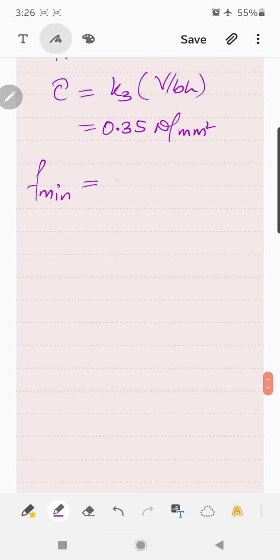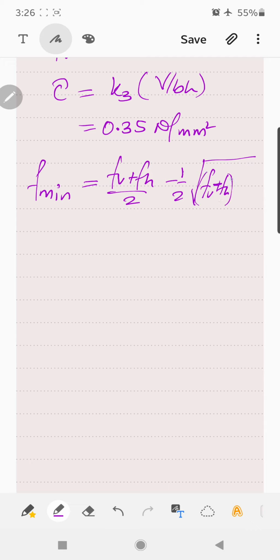If you want the formula, it is Fv plus Fh divided by 2 minus 1 by 2 into root of Fv minus Fh whole square plus 4 tau square. If we substitute, we will get F minimum value as 1.7 Newton per mm square. So this is the principal tensile stress.